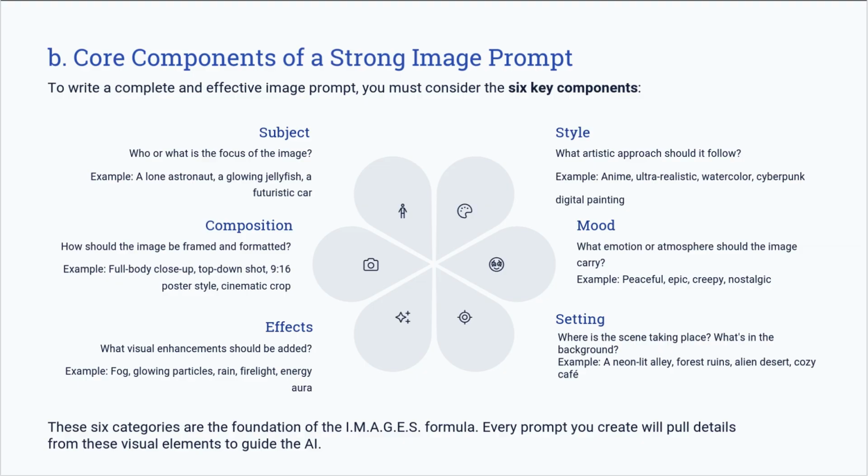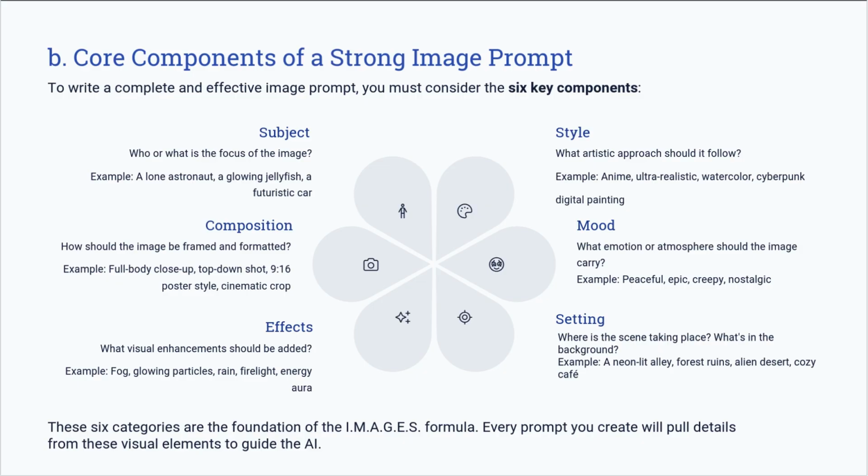Third is the mood. What kind of emotion or atmosphere are you going for? Peaceful, epic, creepy, nostalgic, this sets the whole tone. Fourth, the setting. Where is your scene happening? Think about the environment and background. It might be a neon-lit alley, forest ruins, an alien desert, or a cozy cafe. Fifth, we've got effects. These are your enhancements: fog, glowing particles, rain, firelight, energy auras.